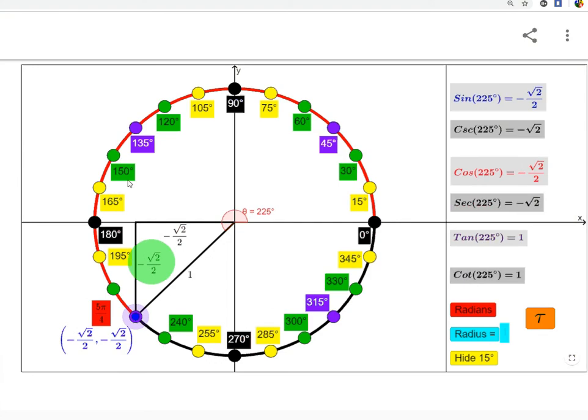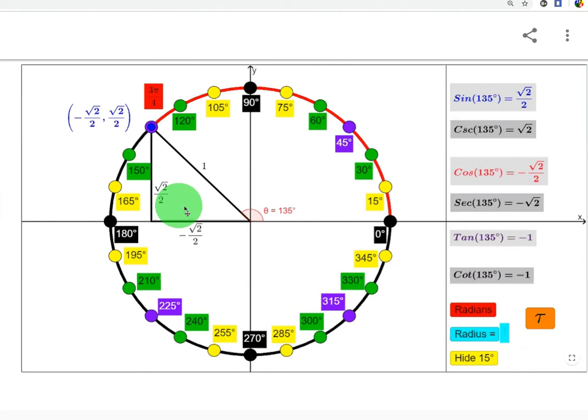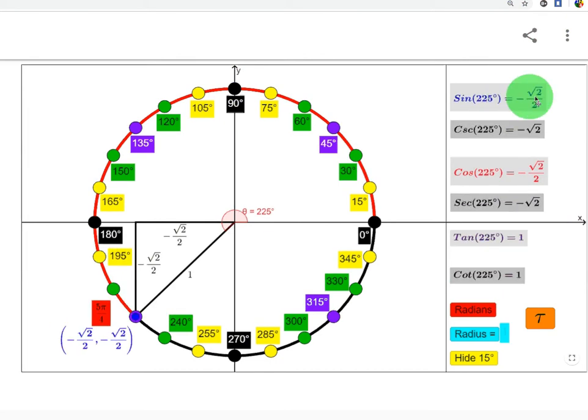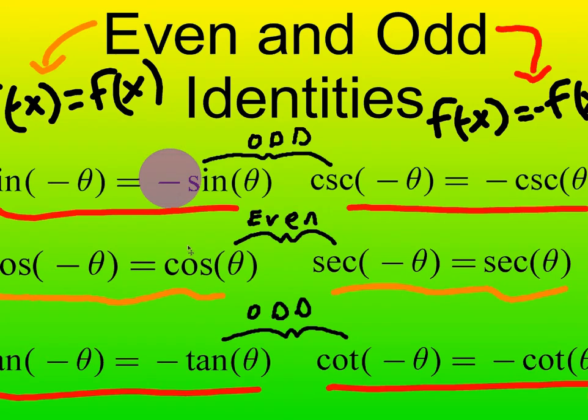So sine of 135 is square root of 2 over 2. If we make it negative, we get negative square root of 2 over 2, the same thing that we got down here. So this proves that sine is an odd function.